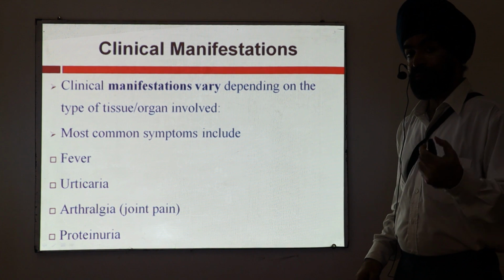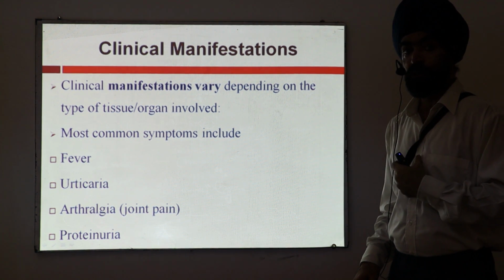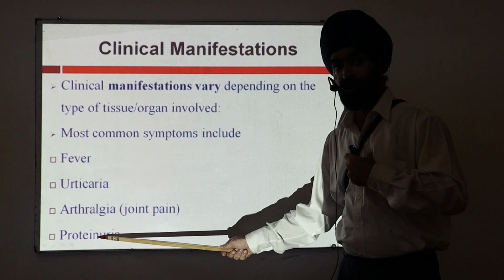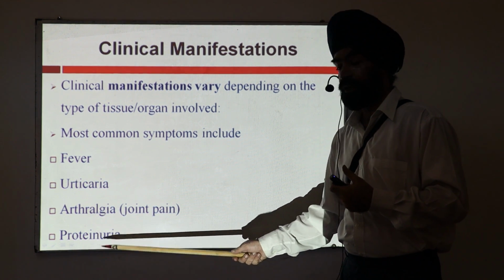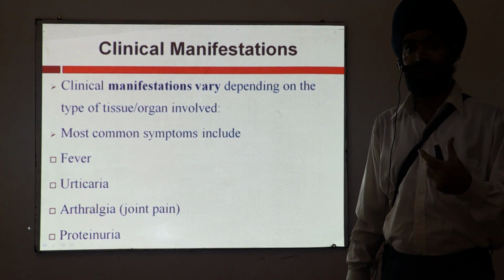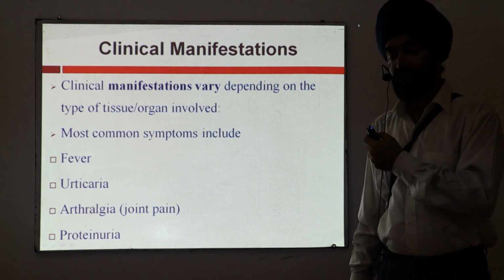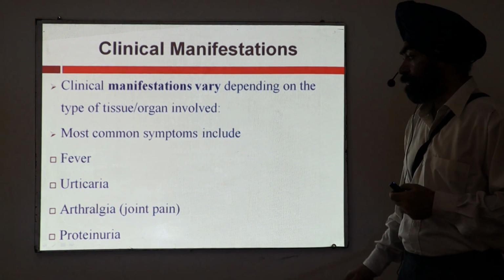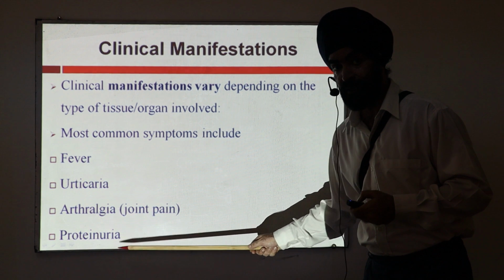Or on the other side, it will go into the renal tissue, and it can damage the glomeruli to produce proteinuria. That means if the glomeruli are damaged, proteins start coming out from the blood into the urine, proteinuria. It is a sign of renal injury.